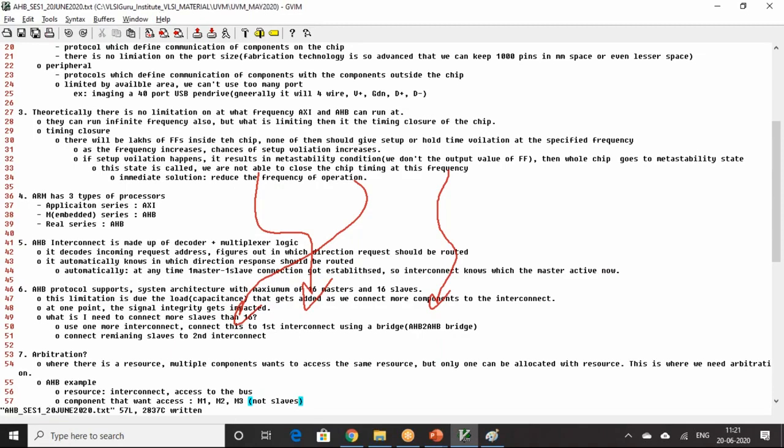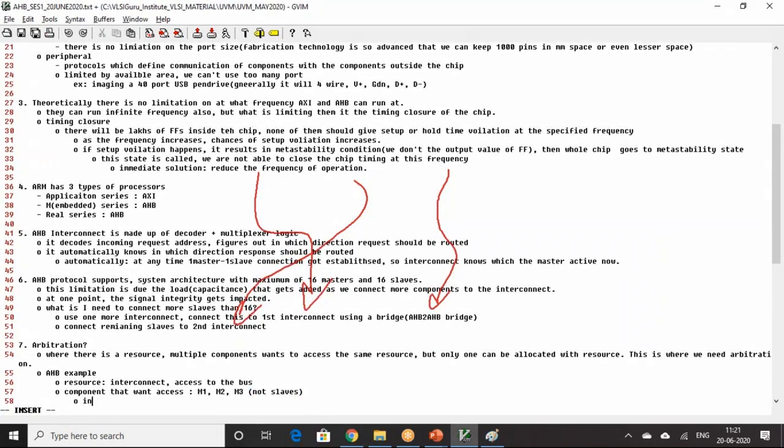Now there is one resource. Only one interconnect is there, and there are three masters who may want to access it. In some cases, a few masters may not want access. But even if there are two masters trying, it is still arbitration. Even if two people are fighting for the same resource, it is still arbitration. You don't always need three people to fight.